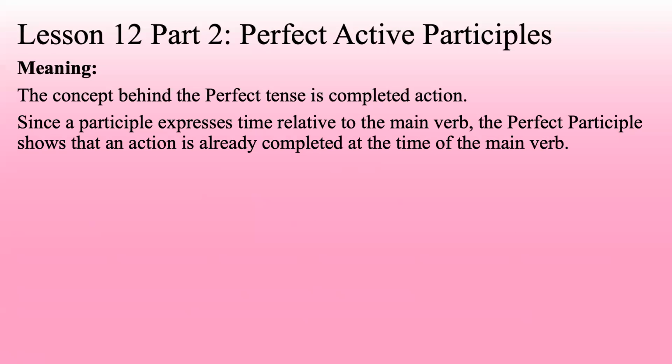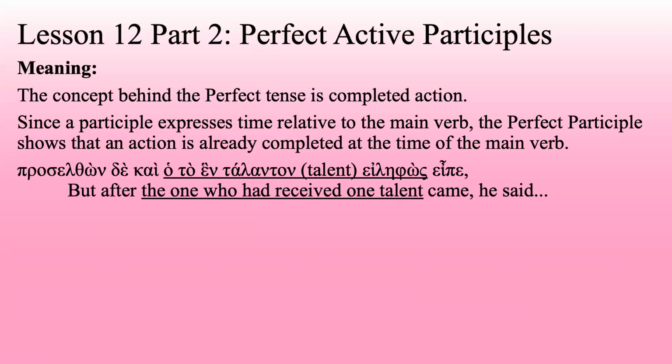We've seen before that present participles were simultaneous action. Aorist participles happened before, but a perfect participle shows that it was already completed at the time of the main verb. So it's similar to an aorist, but it has that extra idea of completion going on.